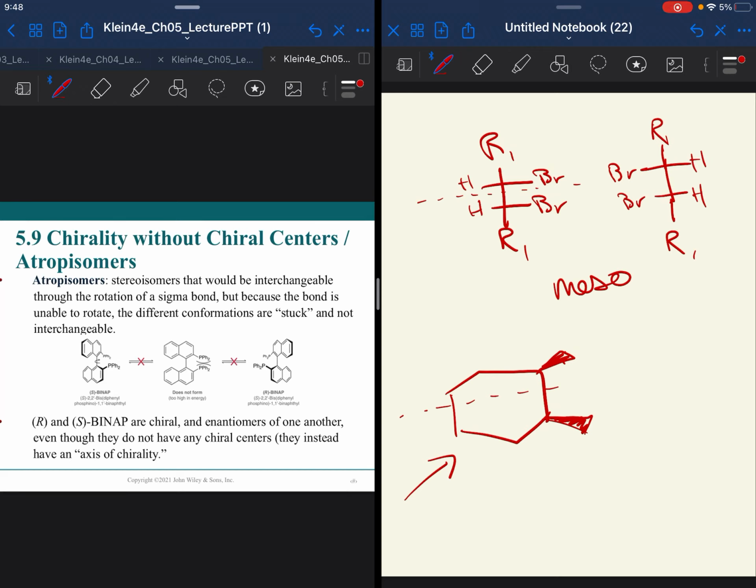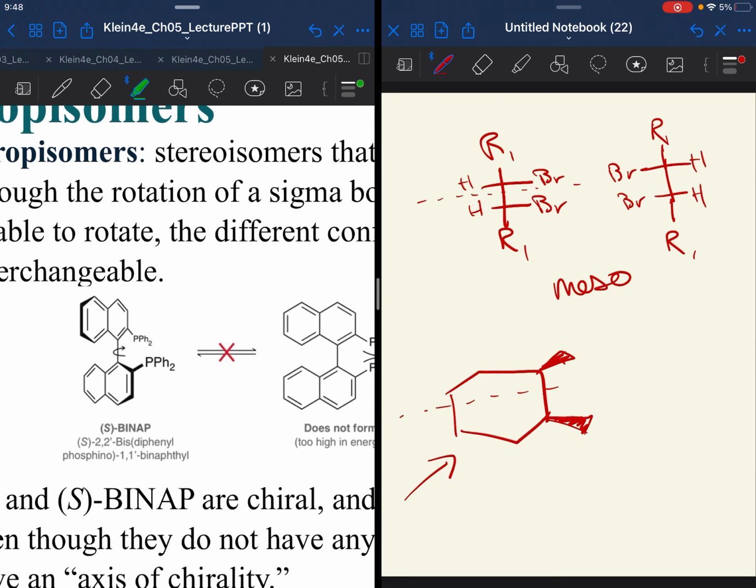We won't worry about atropisomers, but it is kind of fun to think about and to be aware of their existence. There are chiral compounds that don't have chiral centers, and they tend to be these larger molecules that get, quote unquote, stuck in a position. So BINAP, in theory, can rotate around this single bond right here, right? It's a single bond.